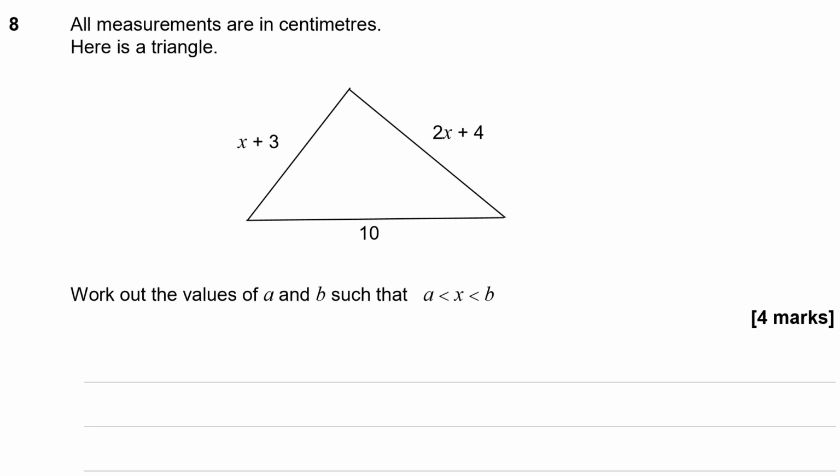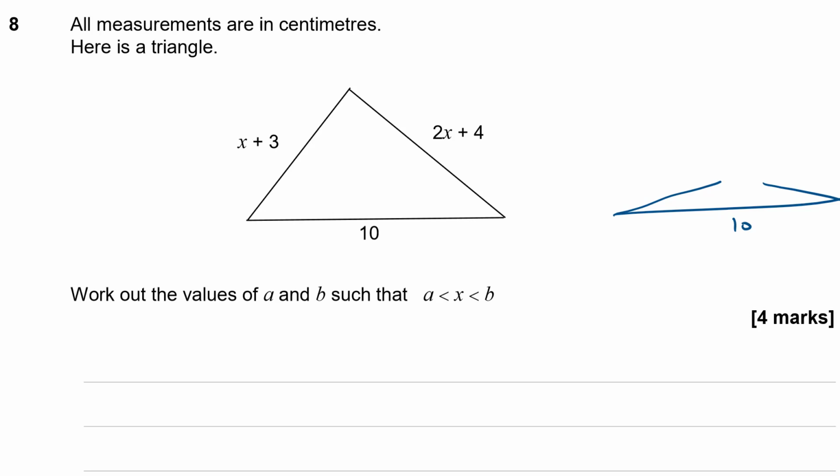Now, if you've got a triangle, then I know this side here has got to be 10. So if you think about it, this side and this side, the very smallest they can be together is 10, because otherwise they're not going to reach across there and it's not going to form a triangle.